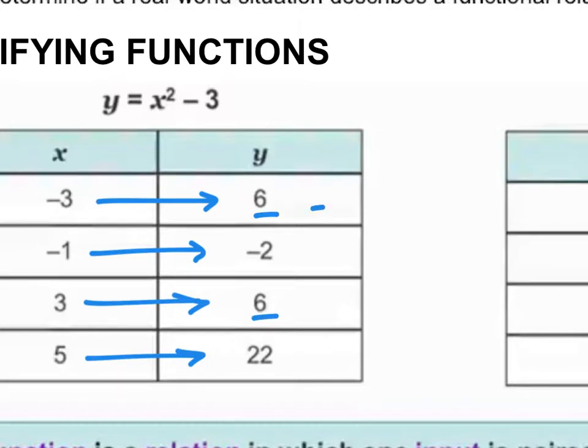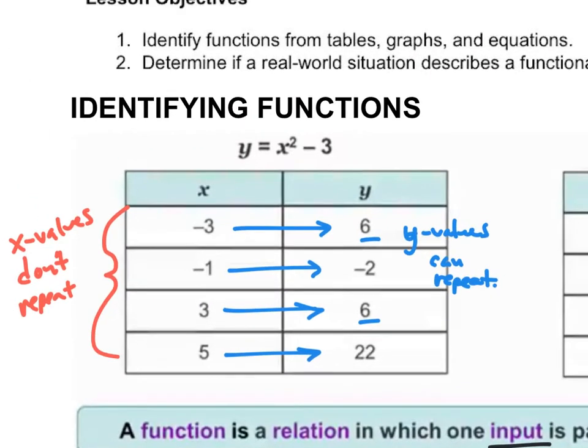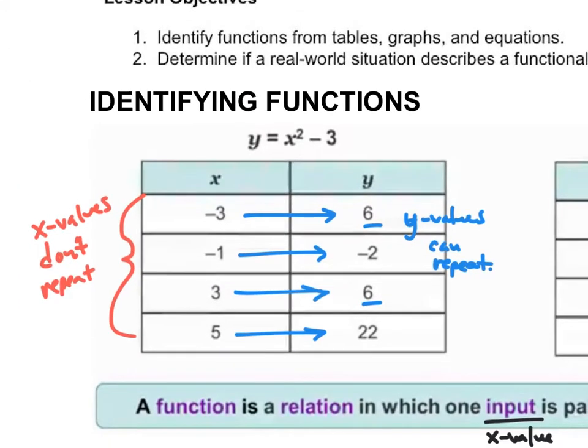Your y values can repeat, but your x values can't. Just looking at this table tells me that yes, this is a function.